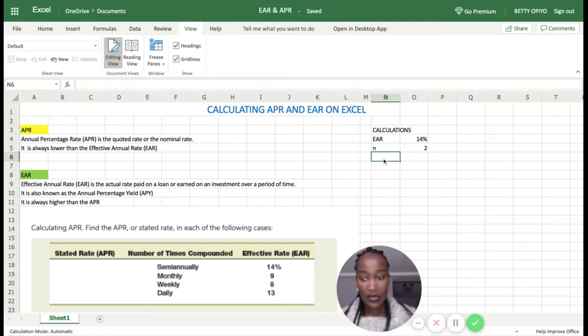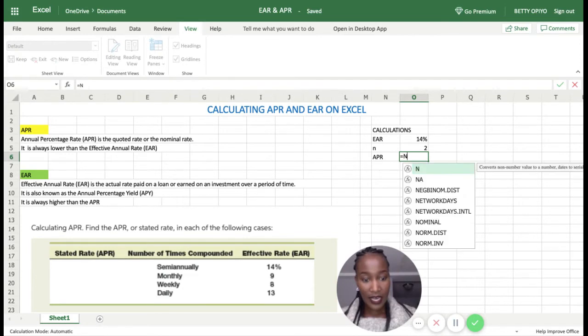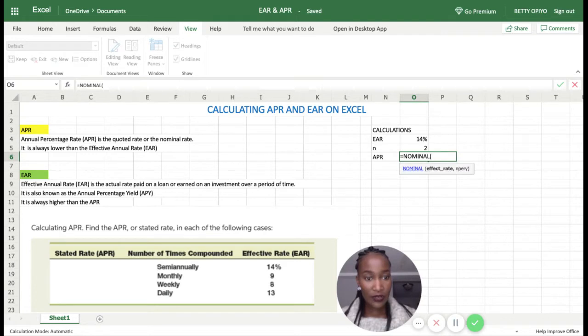And now we can find the APR because we have the EAR and the number of compounding periods. To find it on Excel, start with an equal sign and then type NOM. As you can see here, we have the nominal rate, which is basically the annual percentage rate, the APR. So double click on NOMINAL, and it's asking for the effective rate.